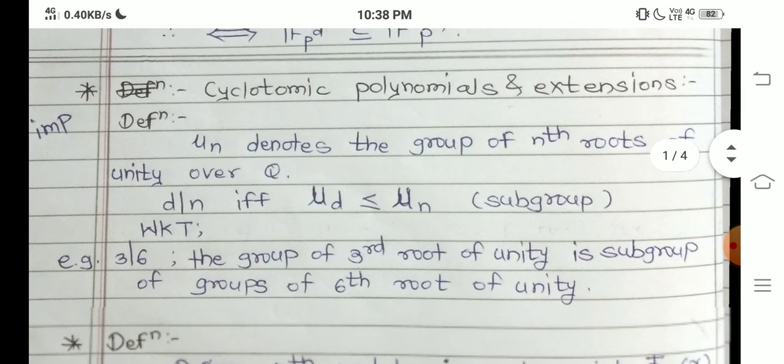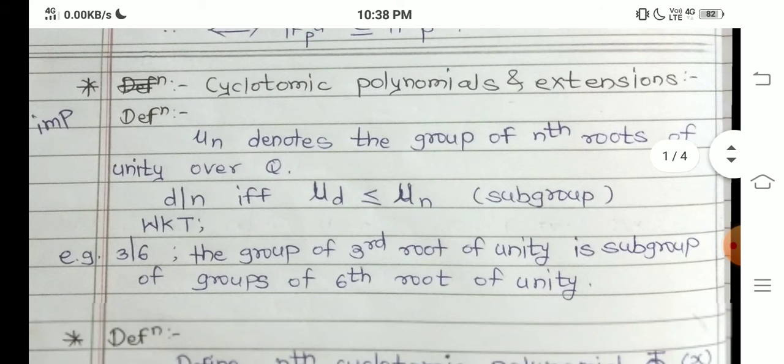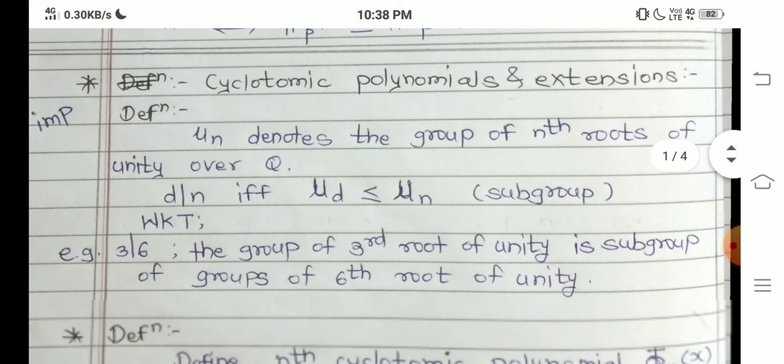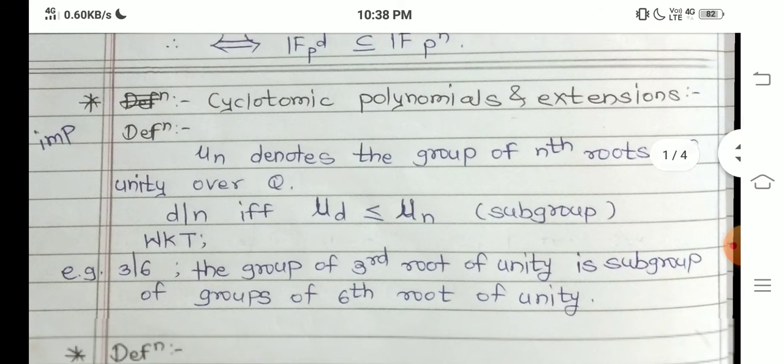This means that 3 divides 6, so the group of third roots of unity is a subgroup of the group of sixth roots of unity. Similarly, we can say that the fourth roots of unity contain the second roots of unity. Again, the tenth roots of unity contain the fifth roots of unity, and so on. This is an important result.